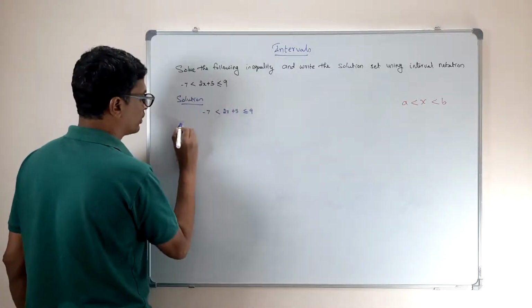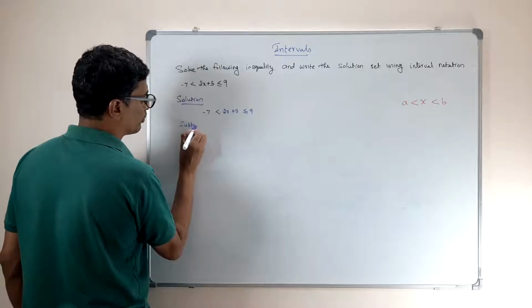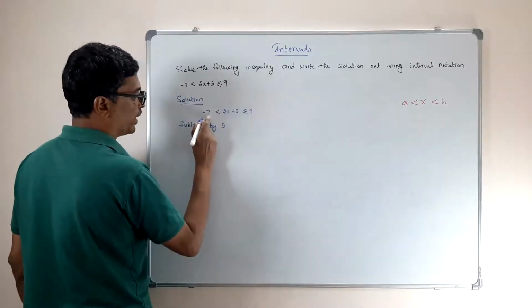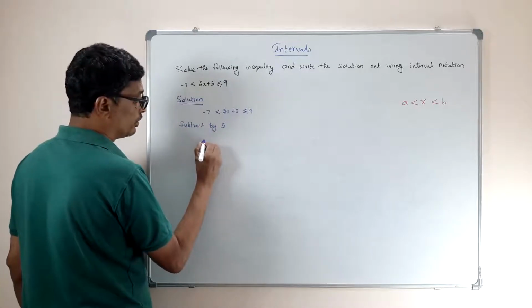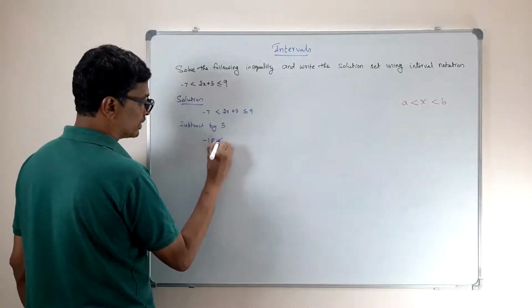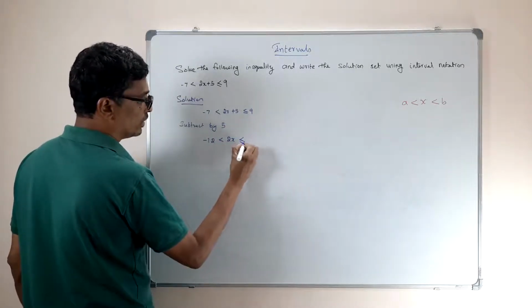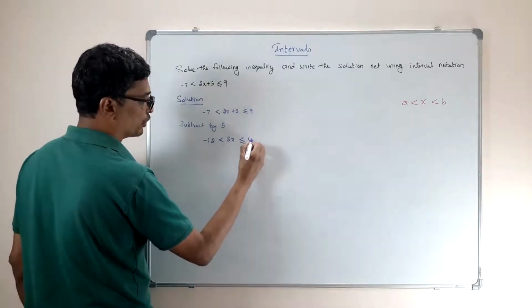So subtract by 5. Minus 7 minus 5 is minus 12, which is less than 2x, because the minus 5 goes on, and then 9 minus 5 is 4.